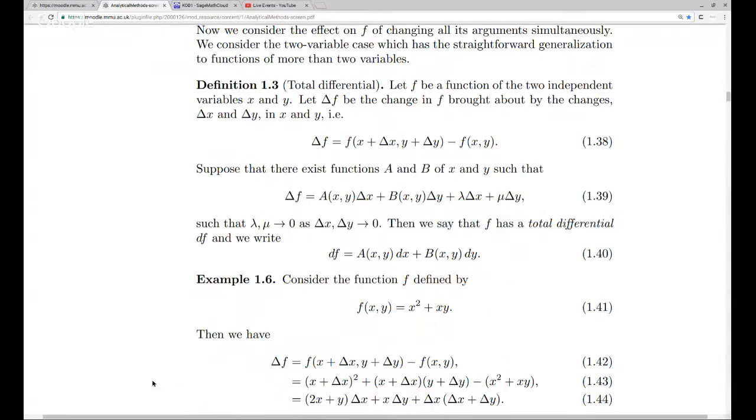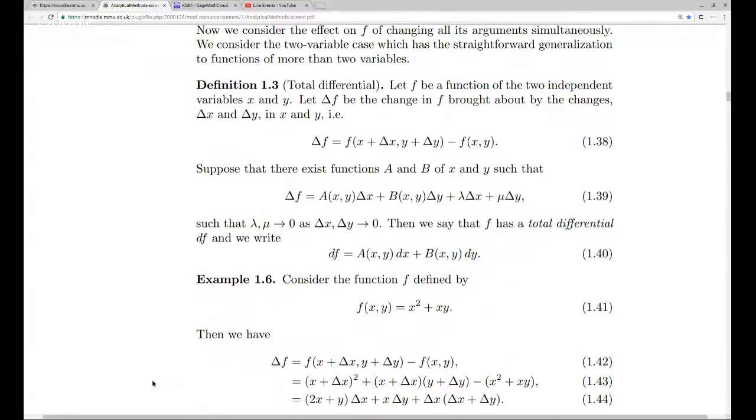Delta x and delta y are the changes in the variables x and y, respectively. So delta f is formulated like this. It's the difference in value between evaluating f at some point which is nearby to this base point (x, y). The x variable is varied by a small amount, delta x, and the y variable is varied by a small amount, delta y.